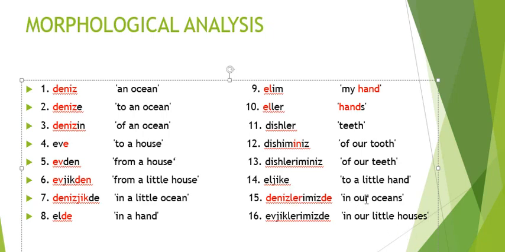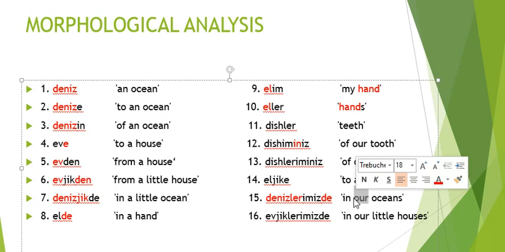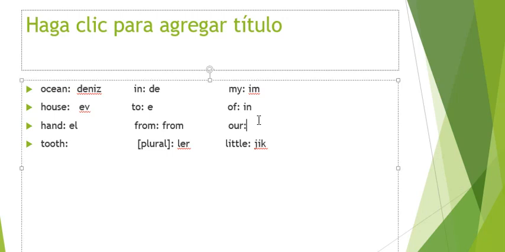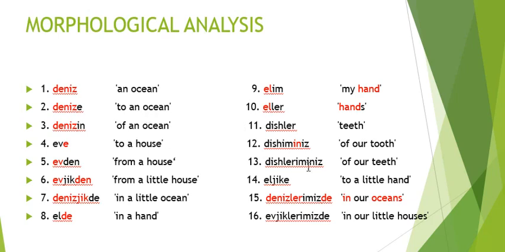So that means that our in Turkish, okay, let me color this, is what remains in oceans. So that means that our in Turkish is imiz. Imiz is our in Turkish. So imiz is our. Okay? Imiz. So if we have that information, we can easily find the rest of the morphemes.